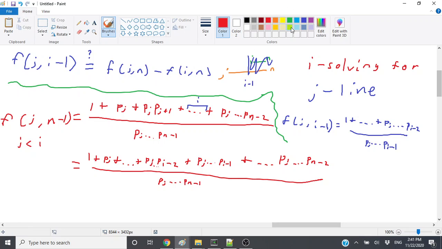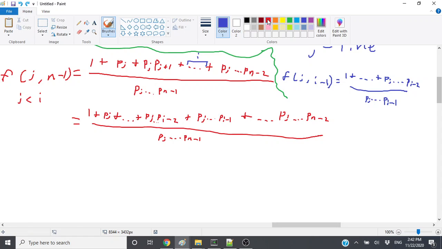So we now break this up into two parts, so that we get 1 plus pj. There's no good way to do this. pj plus ... plus pj pi minus 2 over pj ... pm minus 1.